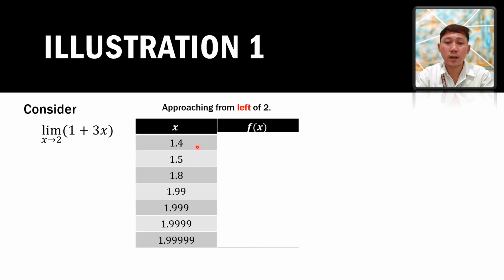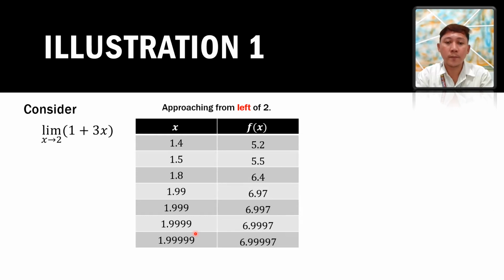You may use calculators to easily get the values of the function, or you may use Excel to get all the values needed for these values of x as x approaches 2. Take note that the values of our function are approaching 7.